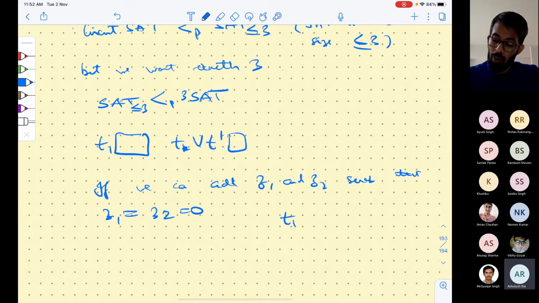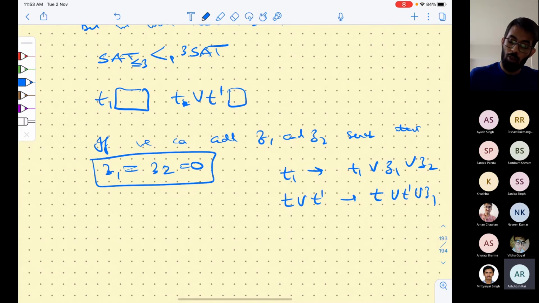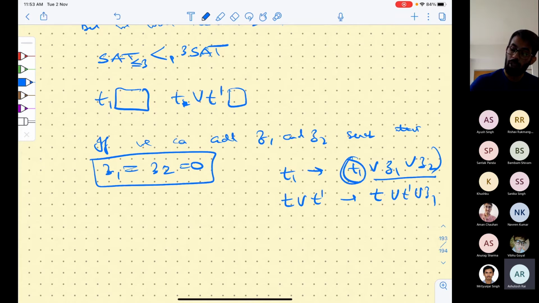So for T1, the singleton clause, we'll make it T1 or Z1 or Z2. And for T or T prime, we'll just add T or T prime or Z1. Okay, if we can ensure Z1 is equal to Z2 is equal to 0, then the first clause evaluates to true if and only if T1 is true, and the second clause evaluates to true if and only if T or T prime evaluates to true, right?